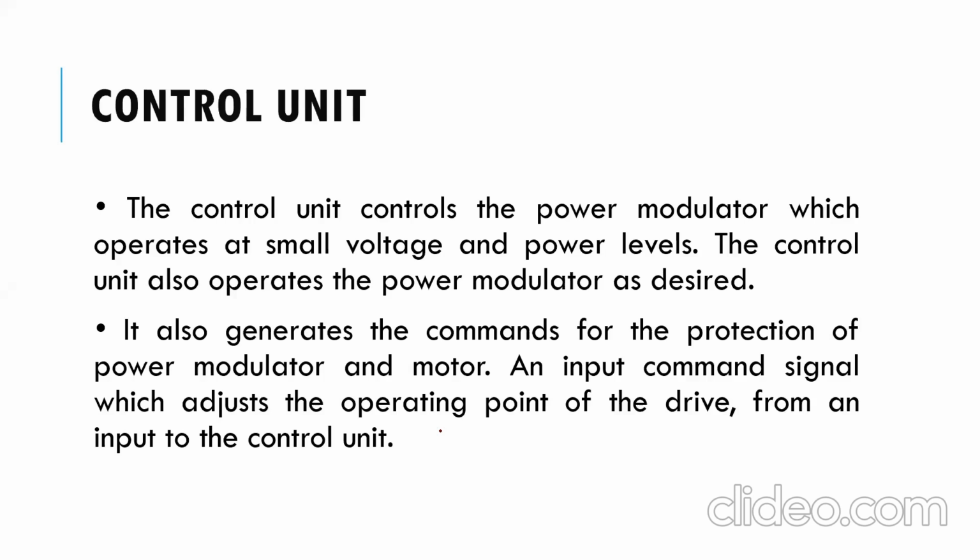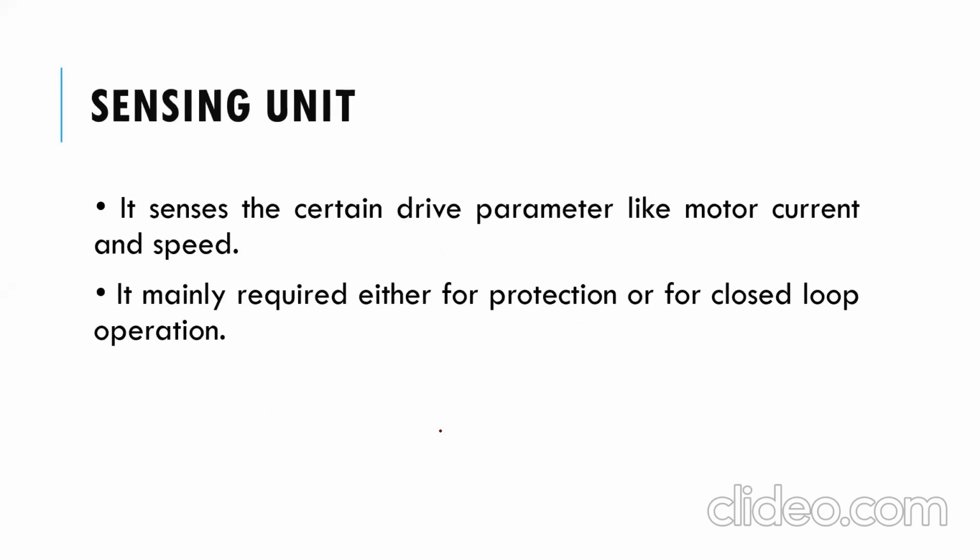The next part is the sensing unit. If you want closed loop or feedback control, you have to employ sensors. Means what? To check whether the value of the motor current is below the allowable current, we have to use a current sensor.